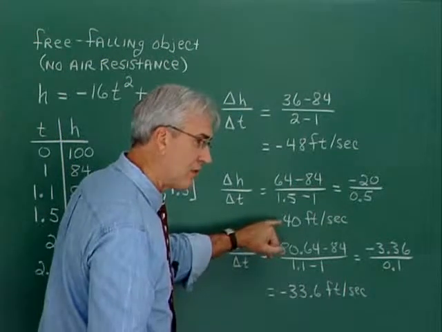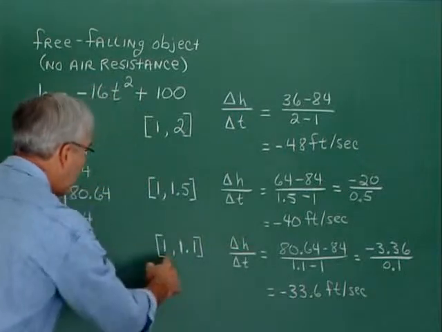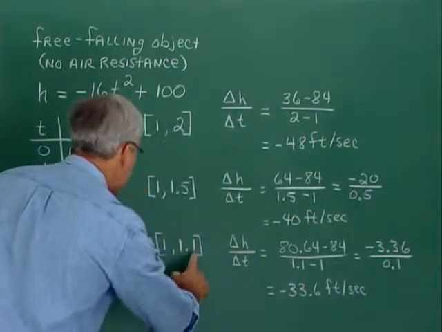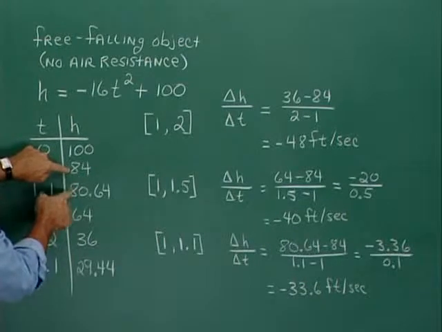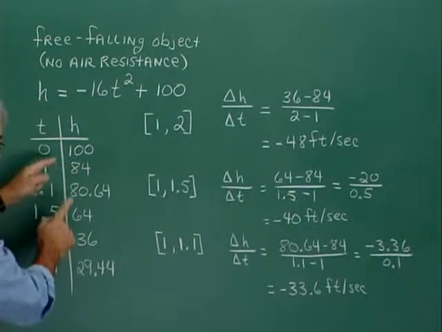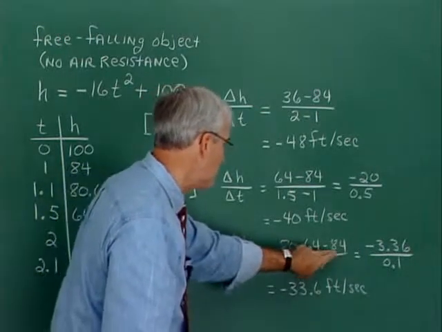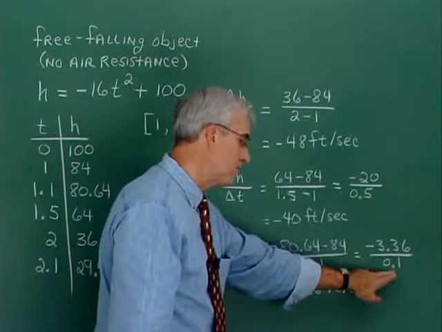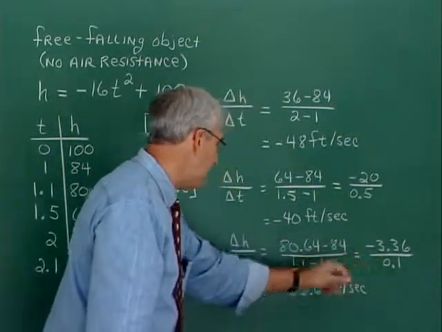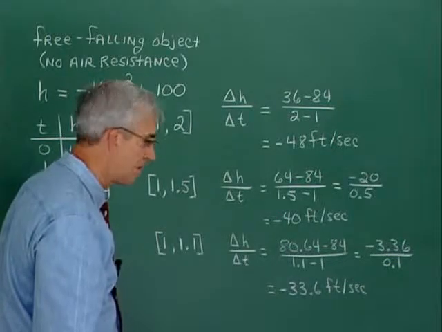The average velocity is less. Okay, and then from 1 to 1.1, again, the difference in heights is 80.64 minus 84. Change in height over change in time, 80.64 minus 84. When we do our calculations, the change in time is 1/10 of a second, and dividing we find the average velocity to be negative 33.6.